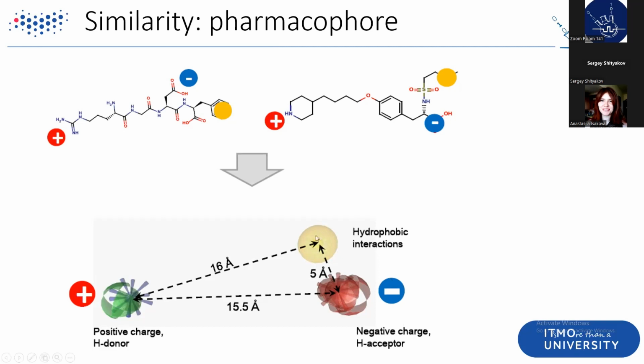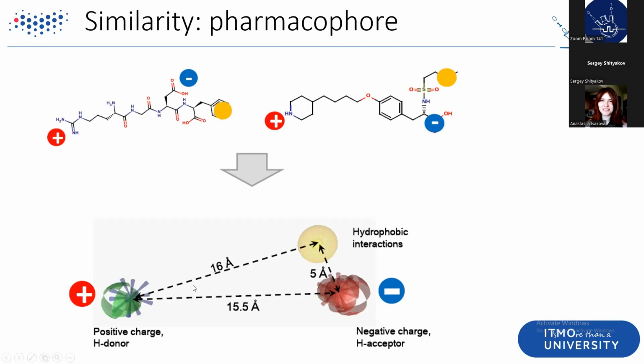That is why the activity is also very similar, because when you integrate it into the protein ligand binding site, you can see that these areas are located in the same parts of the binding pocket, and probably the amino acid residues interacting there are exactly where the positively charged and negatively charged residues are located. So this would be interesting to observe.